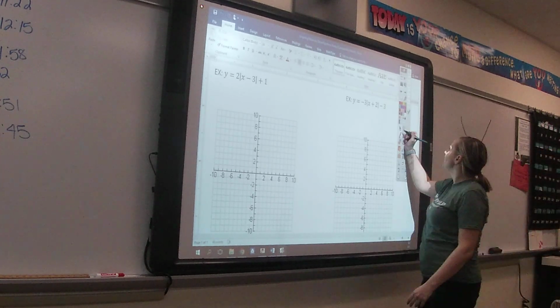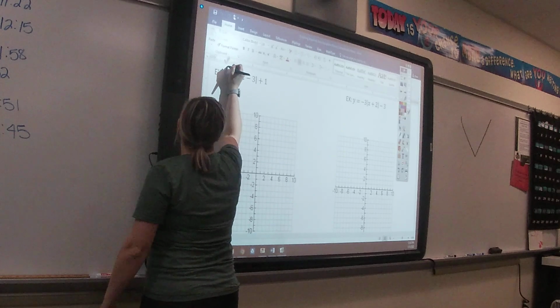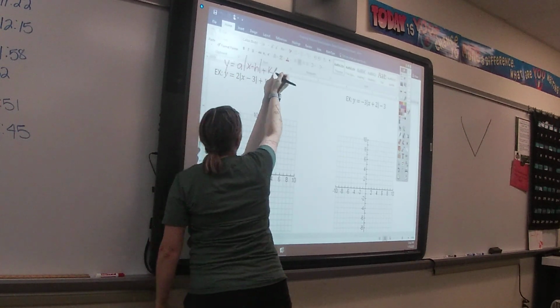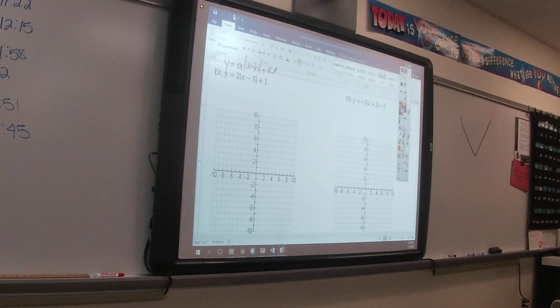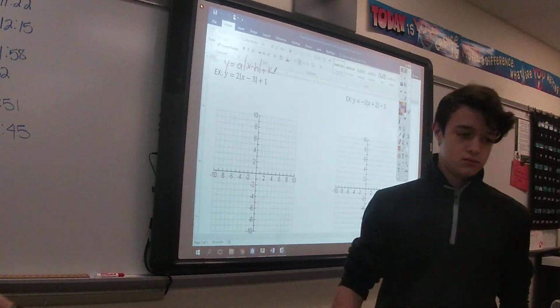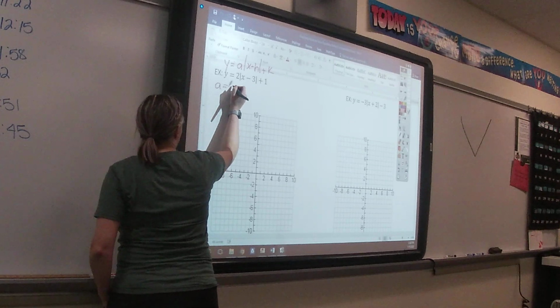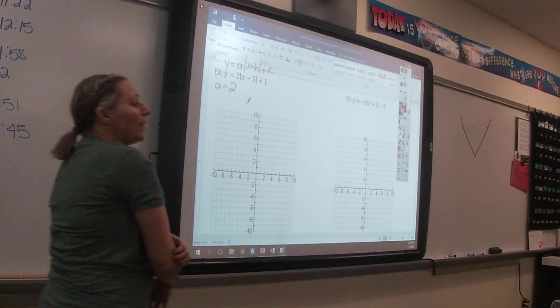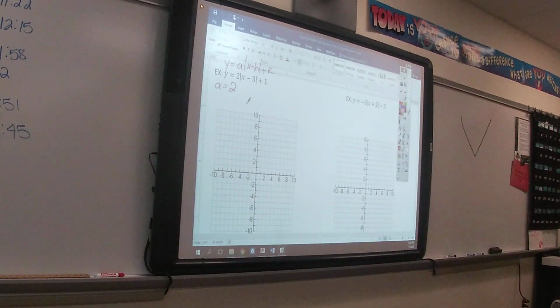If we have y equals a times the absolute value of x minus h plus k as our general form, what number is going to represent our a? 2. And we said 2 is going to function like our slope. So we're talking about our slope here, just with a positive and a negative. Then we also need our starting point.